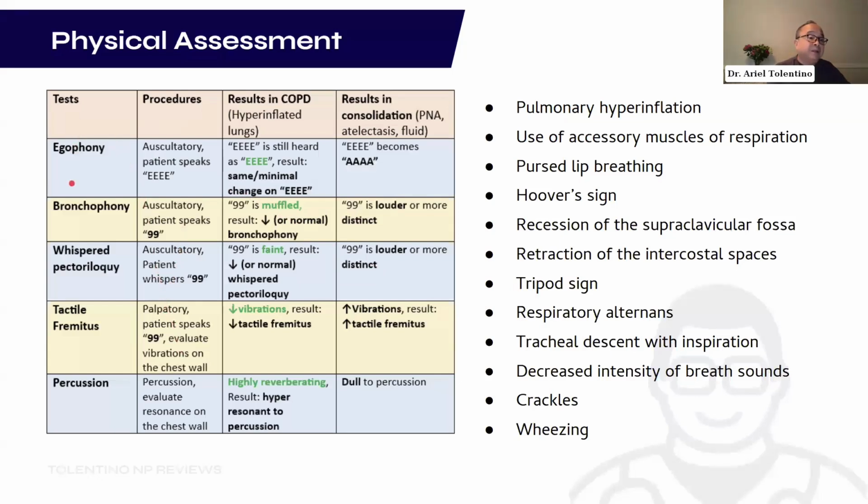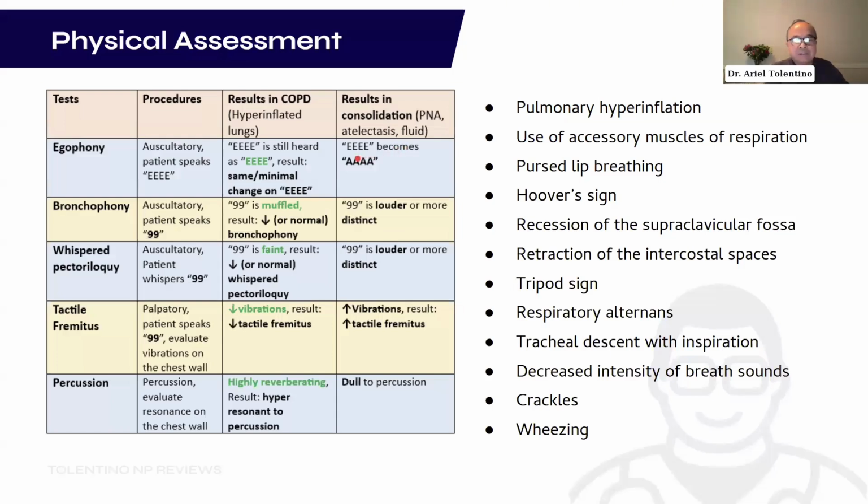We have the names of the tests on the leftmost column, the procedure on the next column, and the following columns would define the results for a hyperinflated lung in COPD and the consolidated lung, which you may see in pneumonia. You may see it in atelectasis, or fluid in the lungs like empyema thoracis. You may also see this in situations where there is a malignant space-occupying lesion in the lungs, which may actually deflect midline structures to the contralateral side.